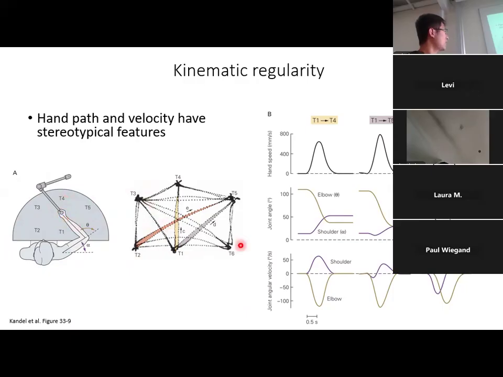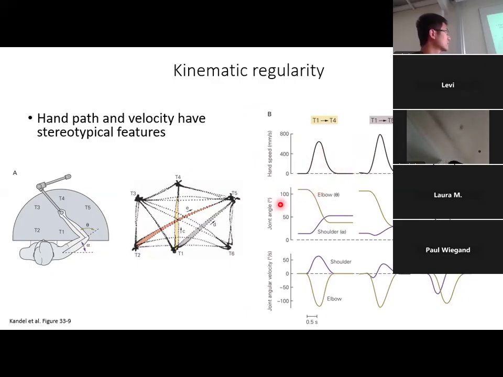In all these conditions, you see the movement is relatively straight. The subjects always tend to make straight movements. If we plot the hand speed, it is bell-shaped. No matter which target you move between, the hand speed is always bell-shaped. That means you accelerate first and then decelerate, and you stop there. This is also understandable.